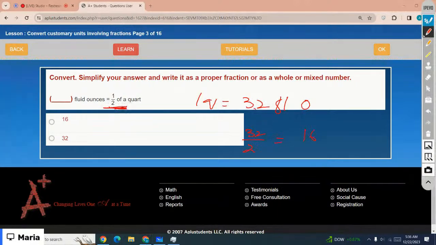That means half of a quart equals 16 fluid ounces. The correct option is 16, right?